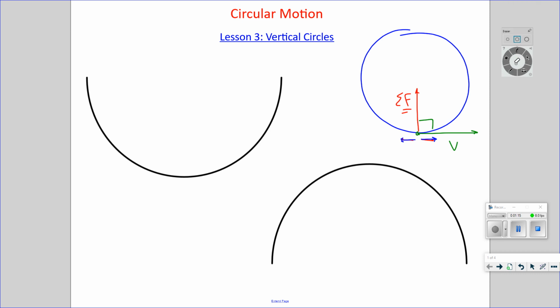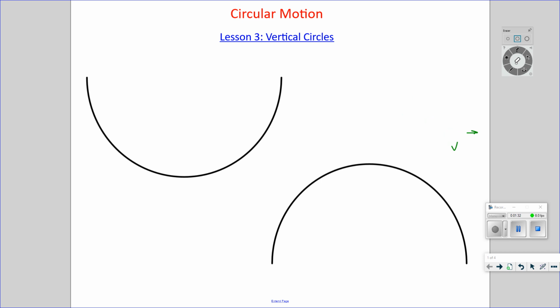There is a force, but that force can't change the object's speed, but the object has to accelerate, so that means the object has to change direction, because velocity includes not only how fast something goes, but what direction it goes.